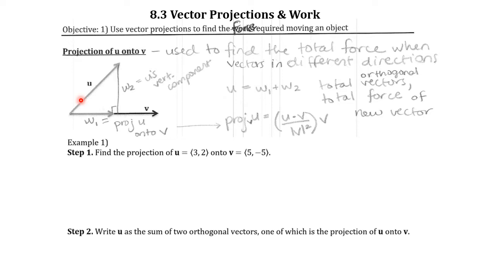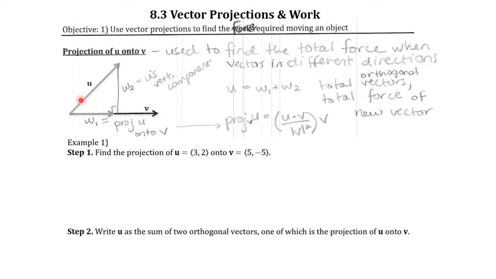They have weight, they have wind, they have friction, they have all kinds of forces affecting the movement. And so what we're going to do is show you how two vectors with their own magnitude and direction can affect the movement, but we're going to make it easier finding the total force from two different vectors by using projection, and that's what this is for.